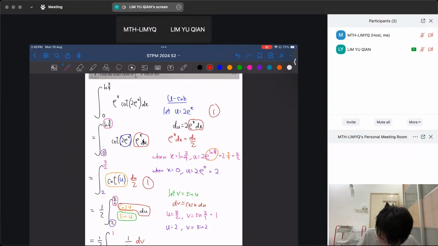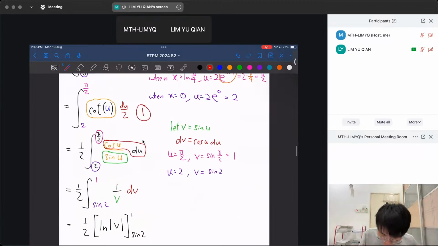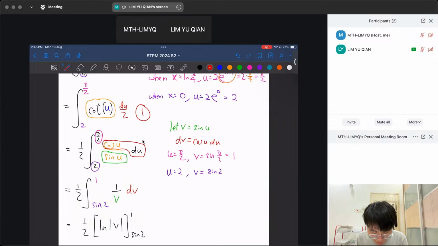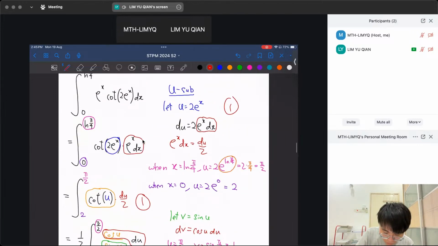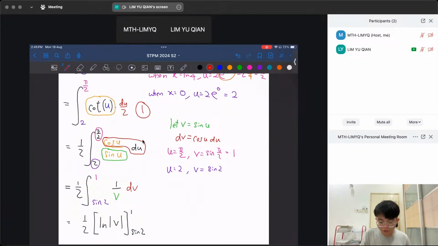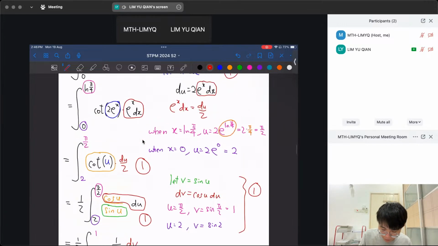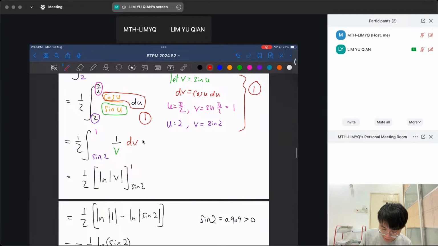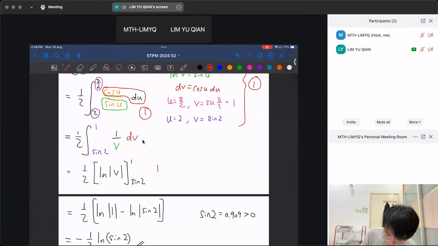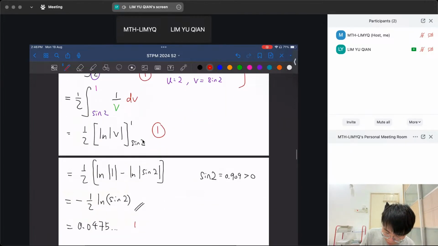And chord U, if you can recognize that you want to use cos U over sin U, and then if you are able to do this also, that will also be 1 mark, and including a substitution will also be 1 mark. If you can recognize that, then your final thing is 1 over V integrate becomes ln, and the final answer.